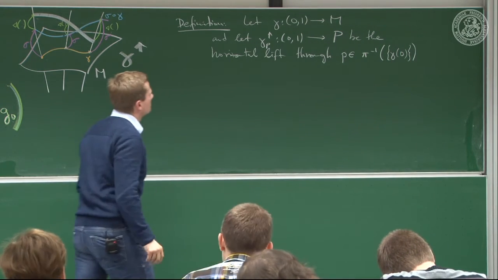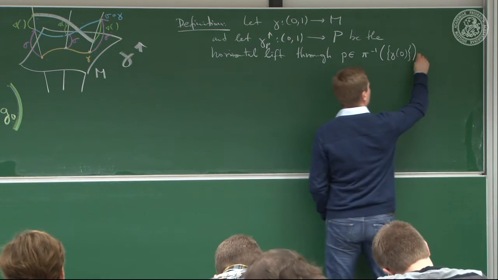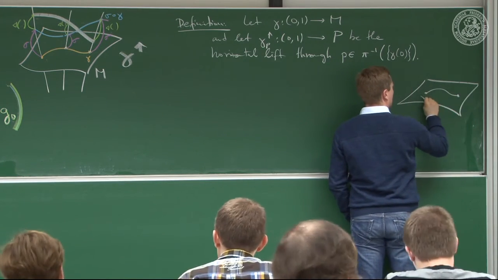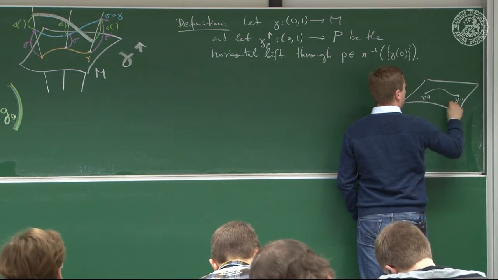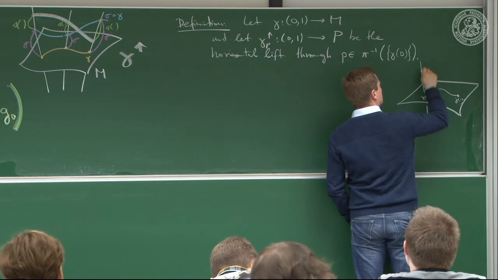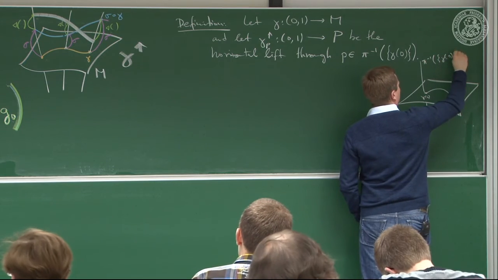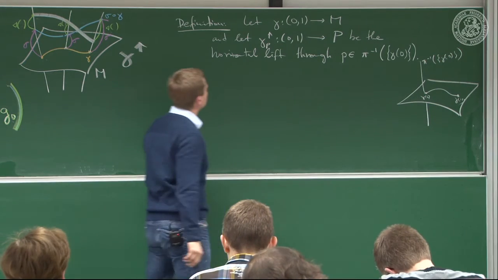Okay? This is gamma of 0, this is gamma of 1. This is the fiber at this point.